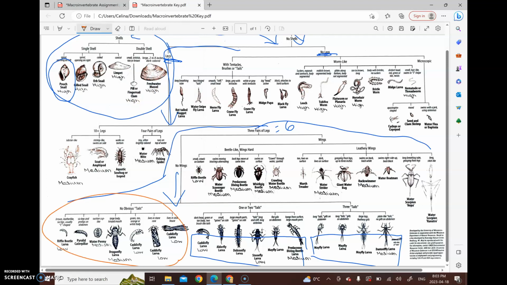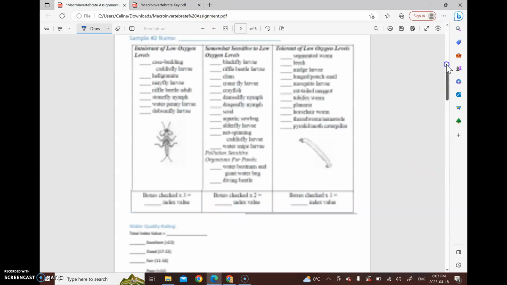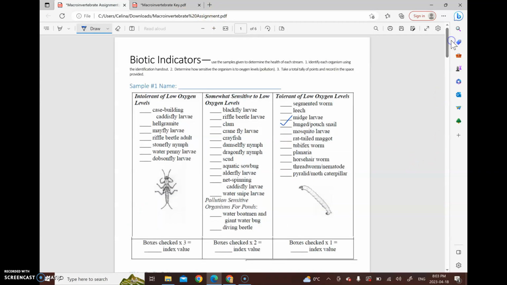In fact, this one is a dragonfly larva. Okay, so if you were to have this in your sample, you would check it off. This is somewhat sensitive to low oxygen levels.